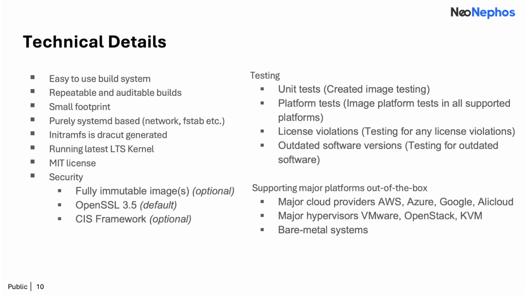Of course, you can use older versions, and 3.6 is also available, but not selected for stable releases for some other reasons. And we have unit tests and platform tests, and checks if we violate some licenses or have outdated server software in our stack. All this is done automatically, and since we are not a super big team, it is completely automated.